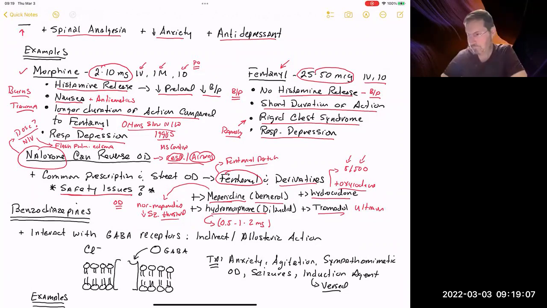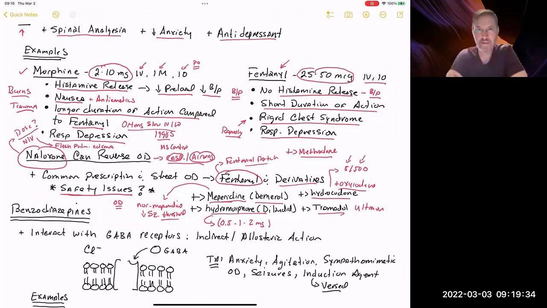All right. There are also some other opioids out there, like methadone. Methadone is commonly used. It has a very long duration of action, and so it's commonly given to people who may be dependent on or addicted to opioids.